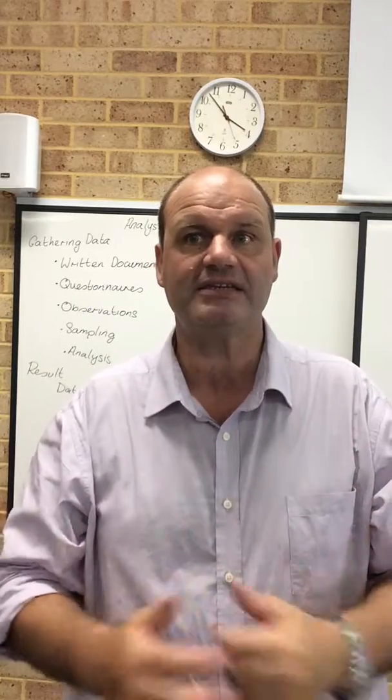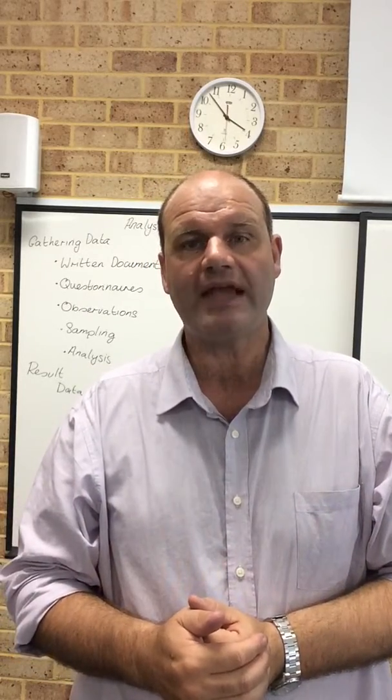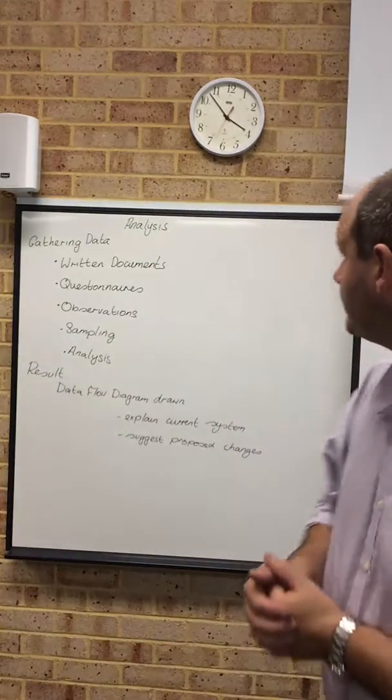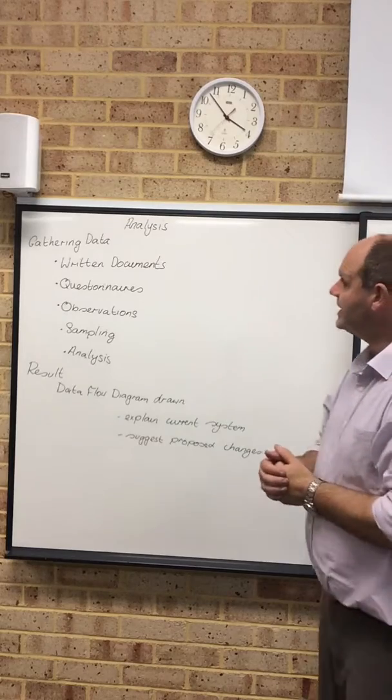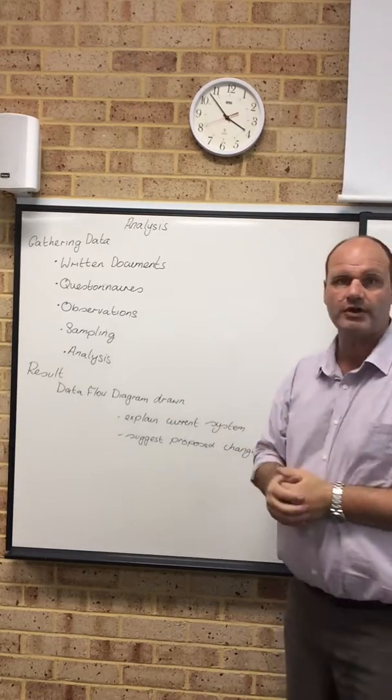So analysis is all about gathering data. And what we can look at is the types of data that can be gathered. What we see here are different types. We've got written documents.